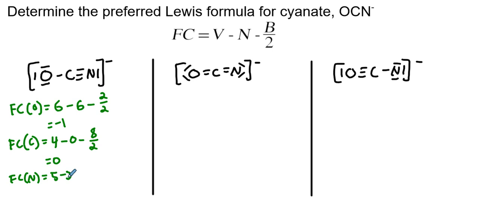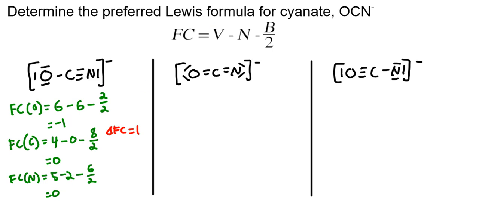In this scenario, it has 2 lone pairs, and it has 6 divided by 2, 6 bonding electrons. So this will be 0 as the formal charge. So this one gives us a change in formal charge from the maximum of 0 down to the minimum of -1. An absolute change of 1 from most positive to most negative.